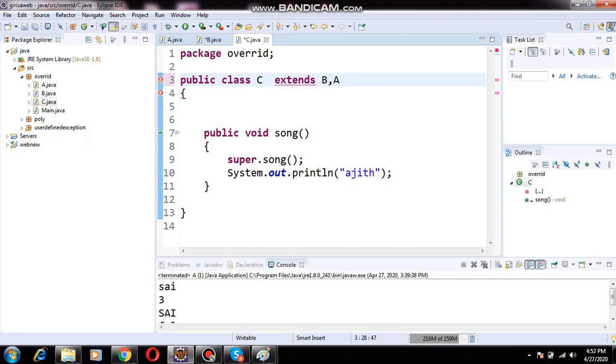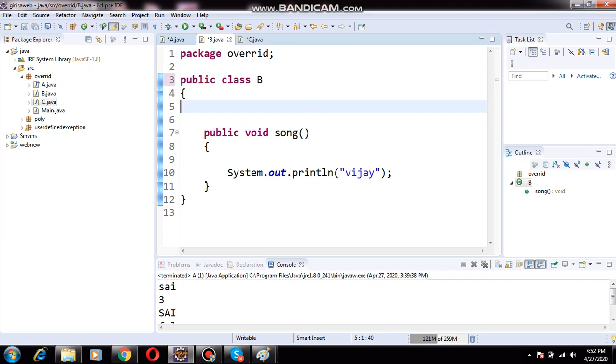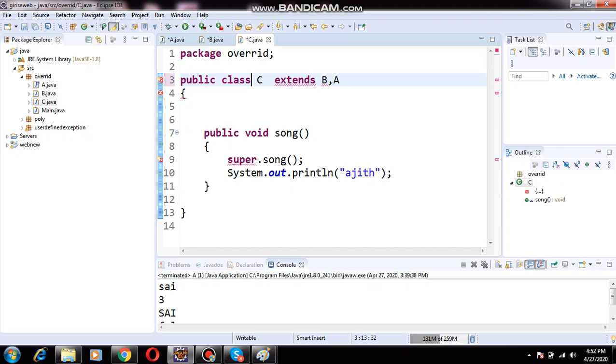We cannot directly extend B comma A with a class, but if you take interface C instead of class, the error will be gone.